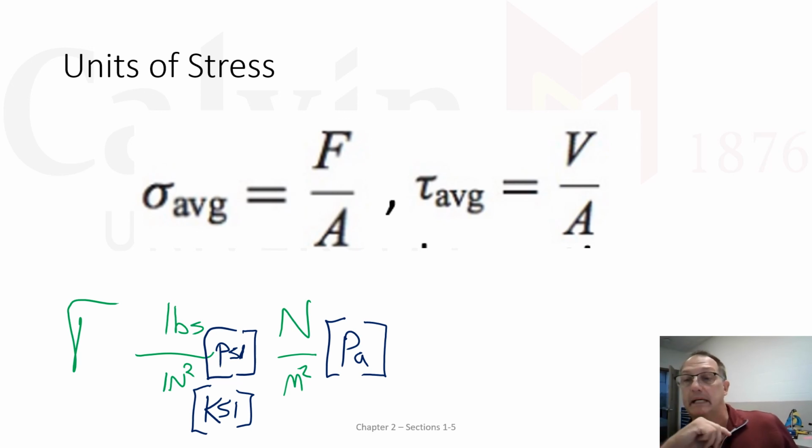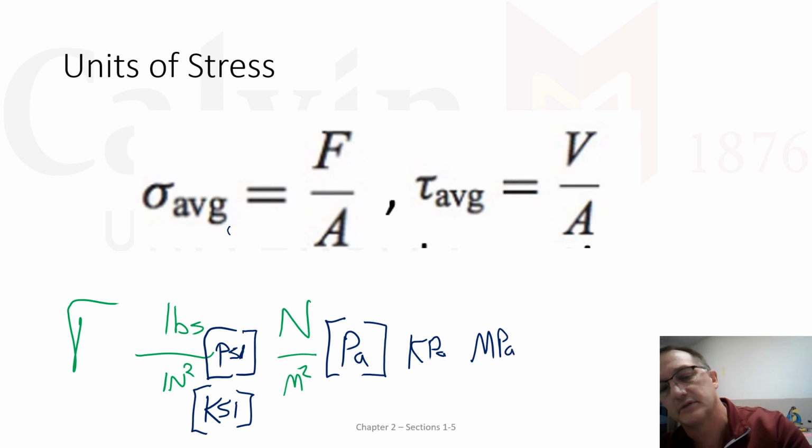And if you've been paying attention in your thermal class, you know that we talk about kilopascals because pressures are very large. We get 101 kilopascals, right? Not only are we going to get kilopascals, we're going to get megapascals too. We can get any one of those as our units.